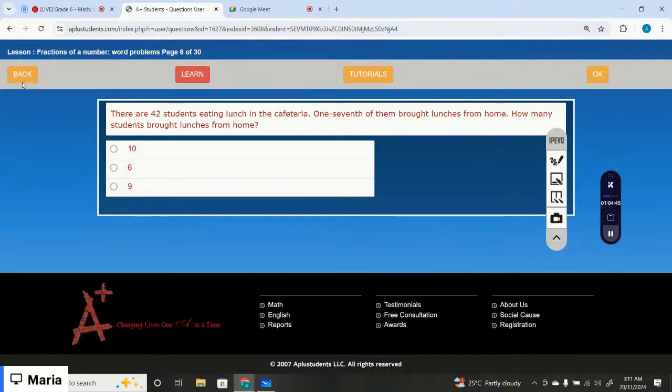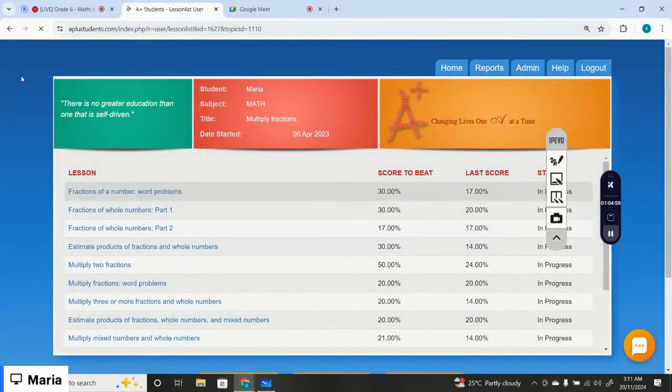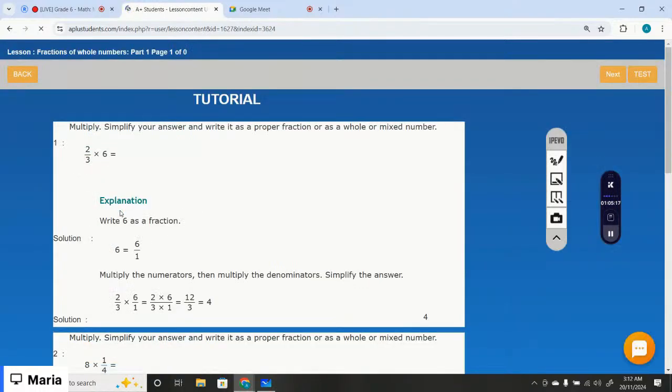The next lesson is fractions of whole number part 1. Let's just start with the lesson.